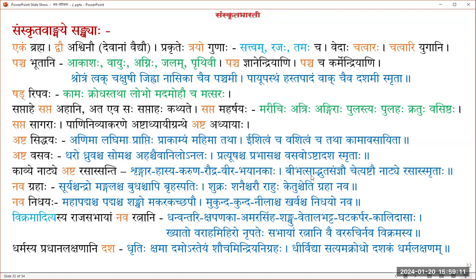Bibhatsa is disgust. Adbhuta Rasa, surprise. Okay, these are the various bhavas that come in us as we enjoy these natakas and kavyas. Okay, beautiful. Then Navagraha. What is not listed is the 9th rasa, which is called Shanta Rasa. It's not listed here. Anyway, Navagraha.